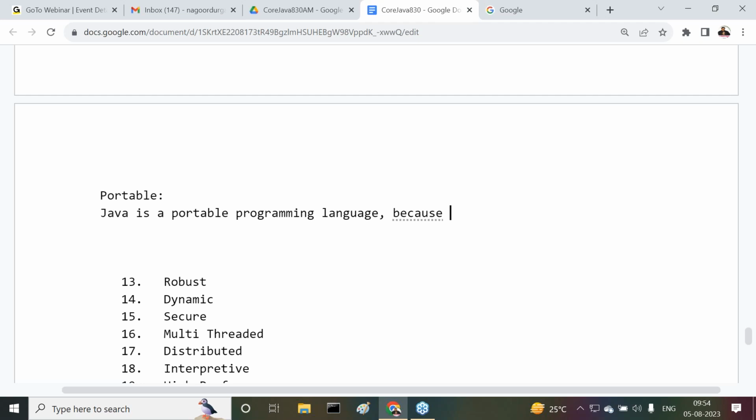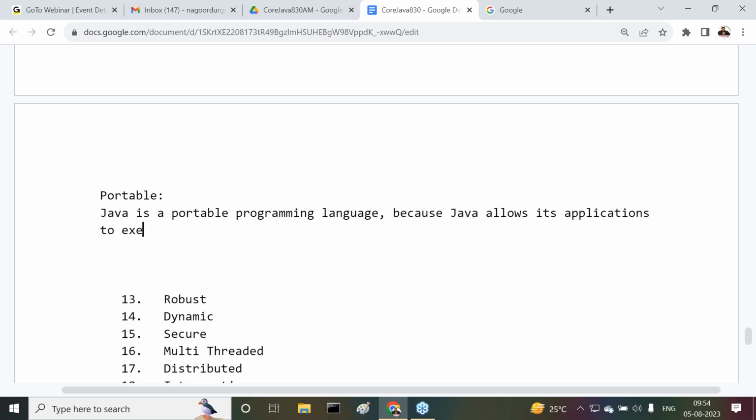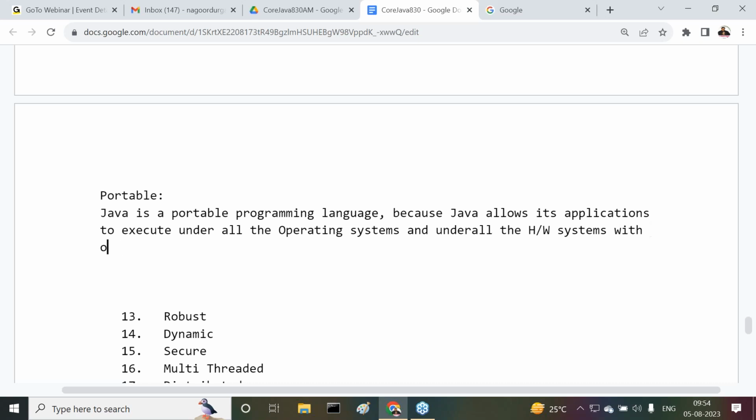Because Java allows its applications to execute under all the operating systems and under all the hardware systems without having changes in the Java applications.